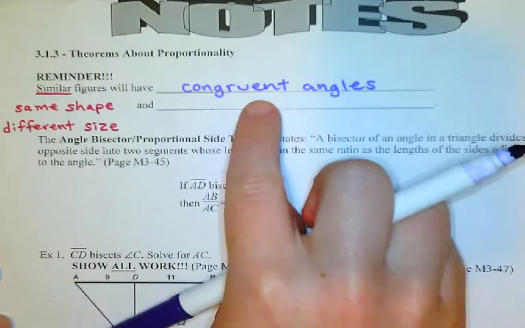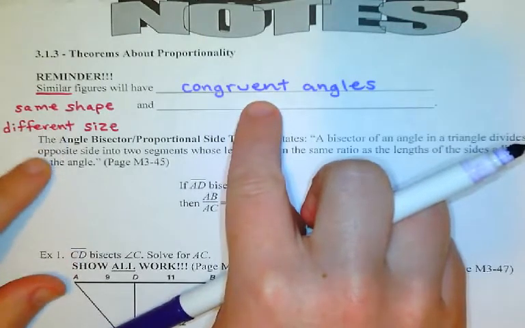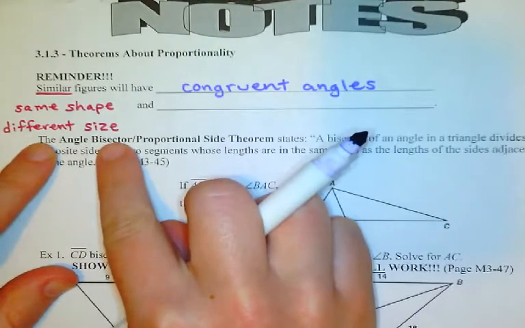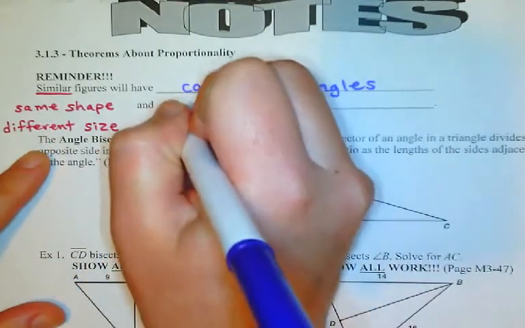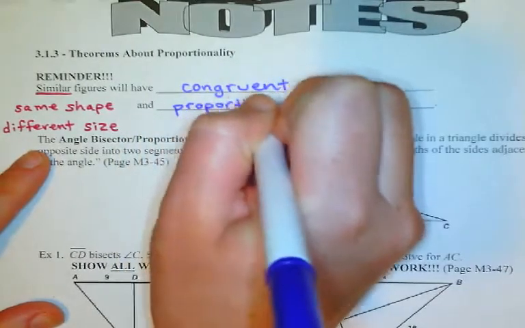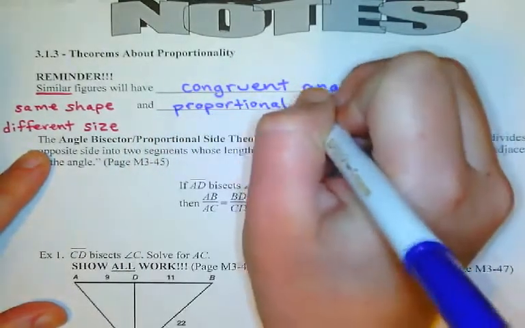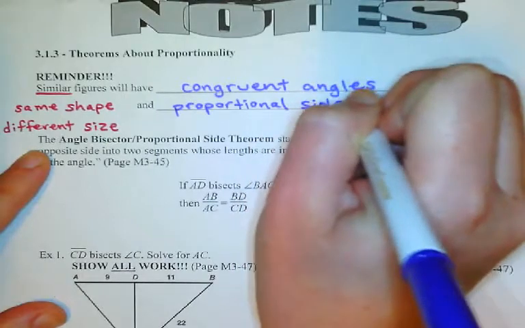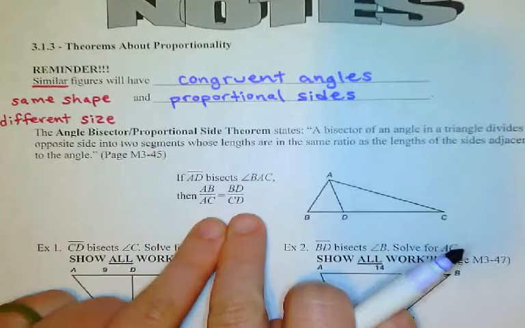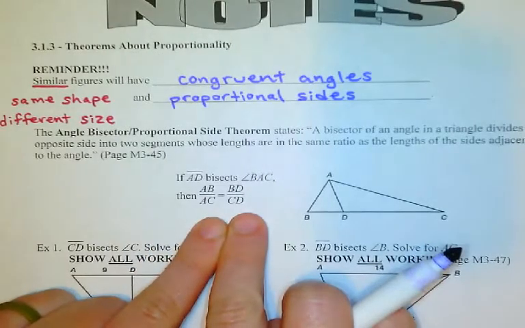So your angles must be congruent in order to have similar figures. But because our sizes are not necessarily the same, that means you need to have proportional sides, which is what we're going to be focusing on today. Alright, proportional means you have one fraction that is equal to another fraction.